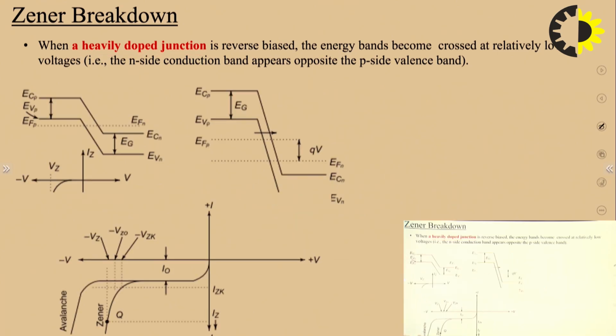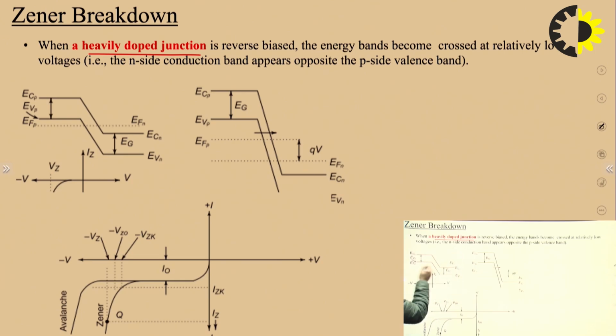The second one is, in other terms, the second type of energy band diagram, which you can clearly see here, because we are seeing a heavily doped junction. In the heavily doped junction, the Fermi energy level lies within the valence band, and on the n side, the Fermi level lies just above the conduction band.